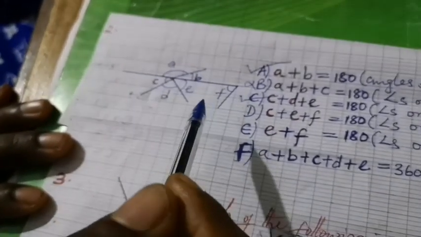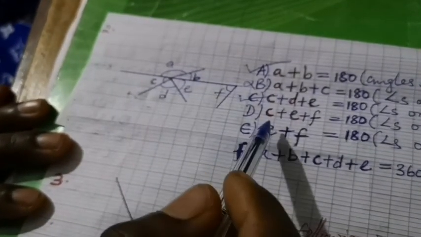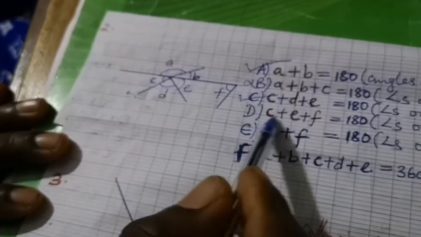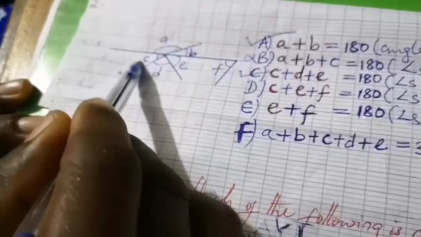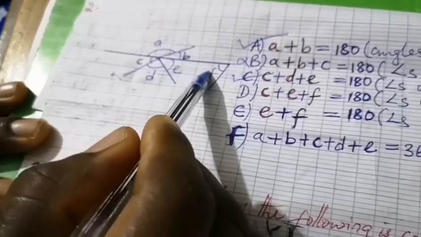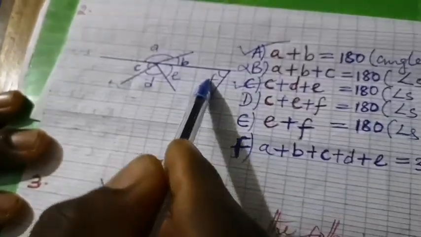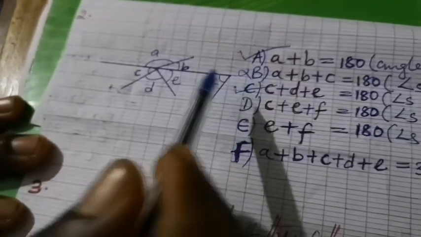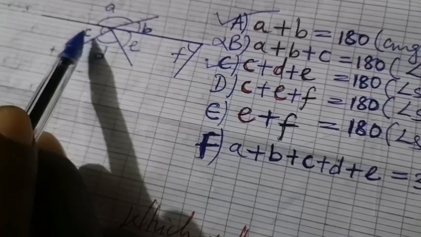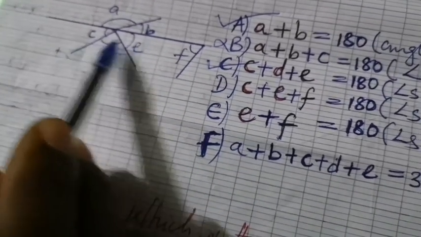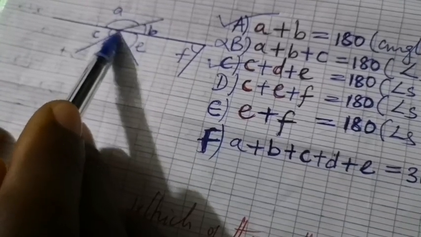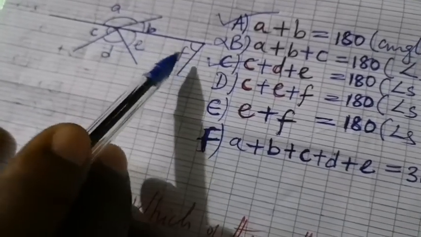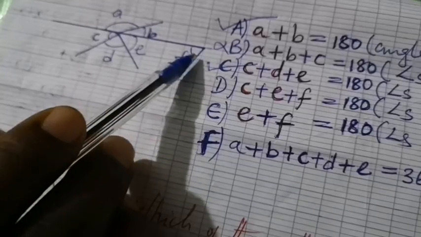Okay, now let's look at the next one. The next one is C plus E plus F. That one is wrong because C and E actually form here, but F is on the other side.